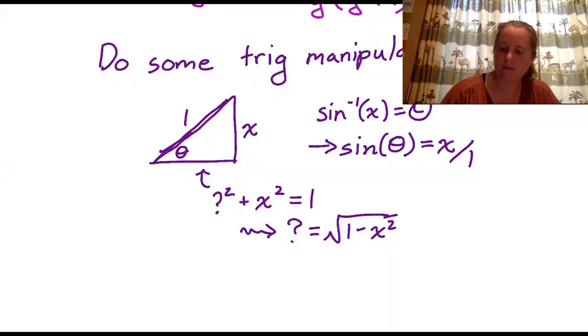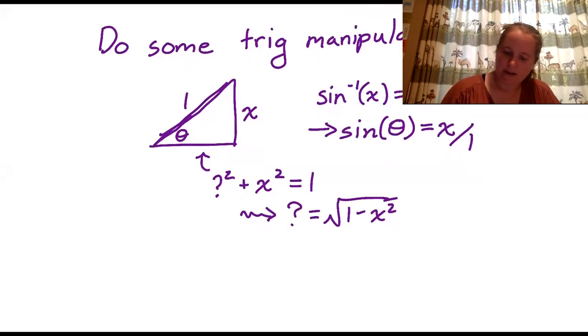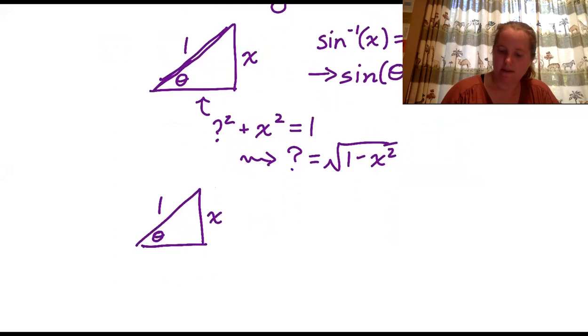So our triangle we're looking at, here's our theta, which was the sine inverse of x. Here's our x and 1. And the adjacent side is square root 1 minus x squared.